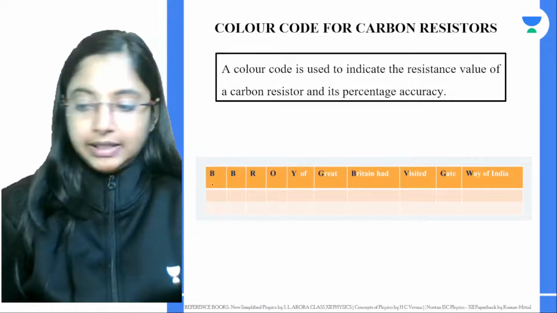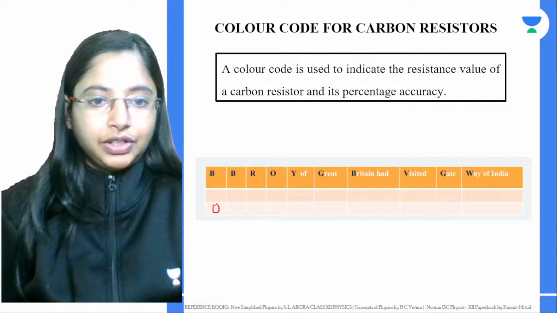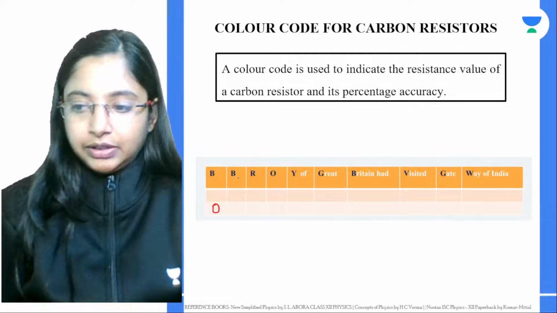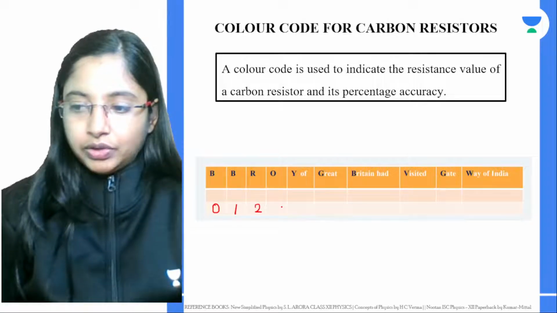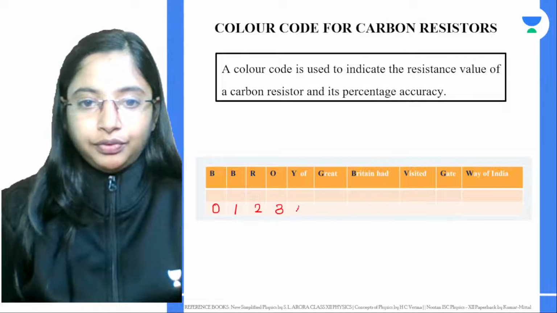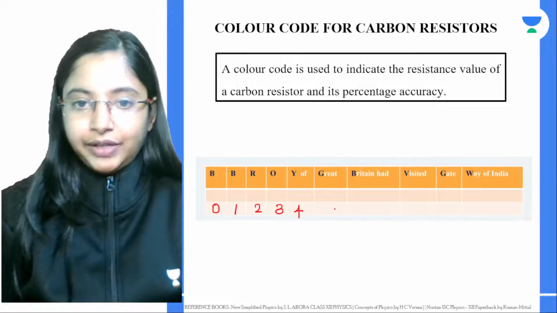The first B represents black, so the significant figure is 0. Then brown is 1, R is red 2, O is orange 3, yellow 4, G is green 5.